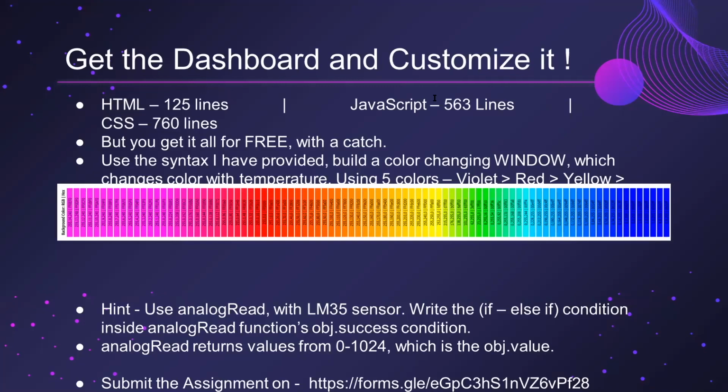You can change whatever you want according to that, and you have to submit the assignment in the given link. Once I get those tasks you have done, I will directly send the dashboard script to your email ID, and you can modify it according to yourself.